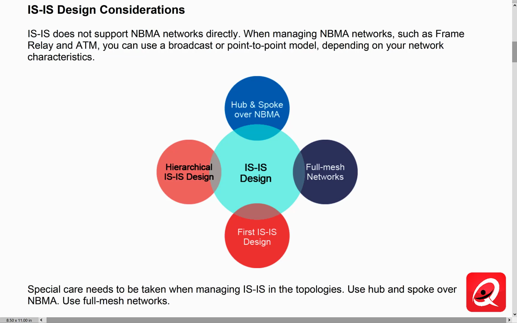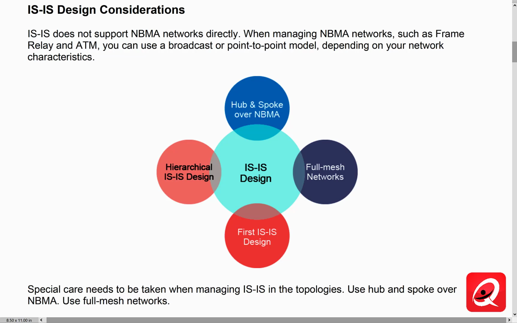There's full reachability. You don't have to worry about doing things like leaking routes and L1 to L2 route propagation and so on. Also, there's only one link state database, because we would normally have link state databases for L1 and L2, but it doesn't scale nearly as well.